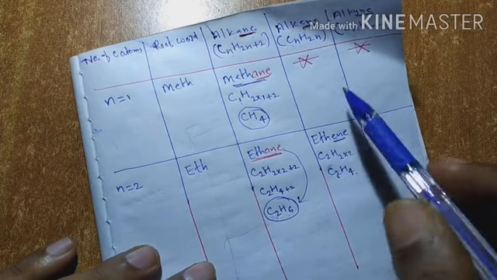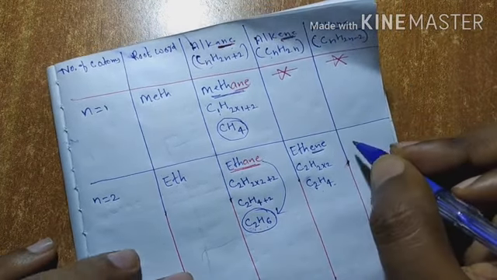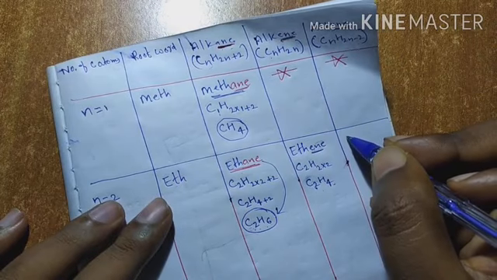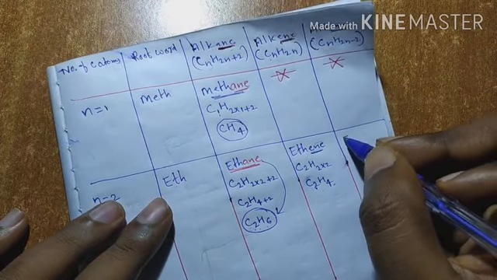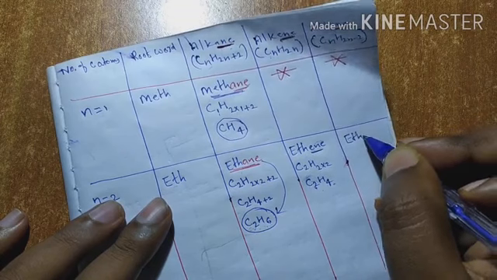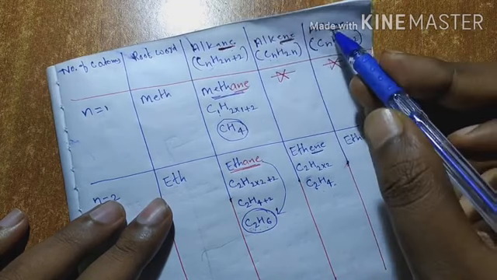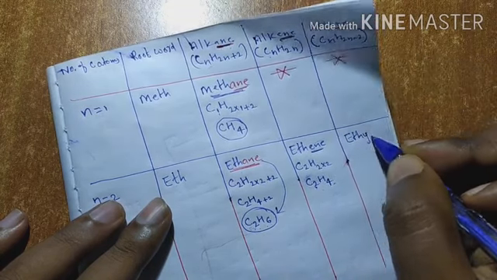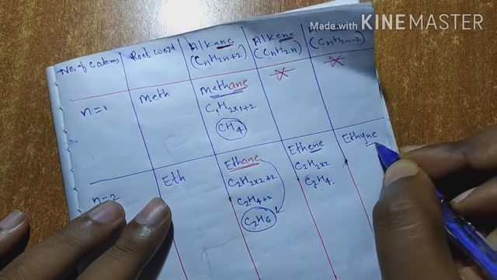In the case of alkyne, the root word will again be eth, and the suffix in the case of alkyne is yne. Alkyne, yne. This is important.